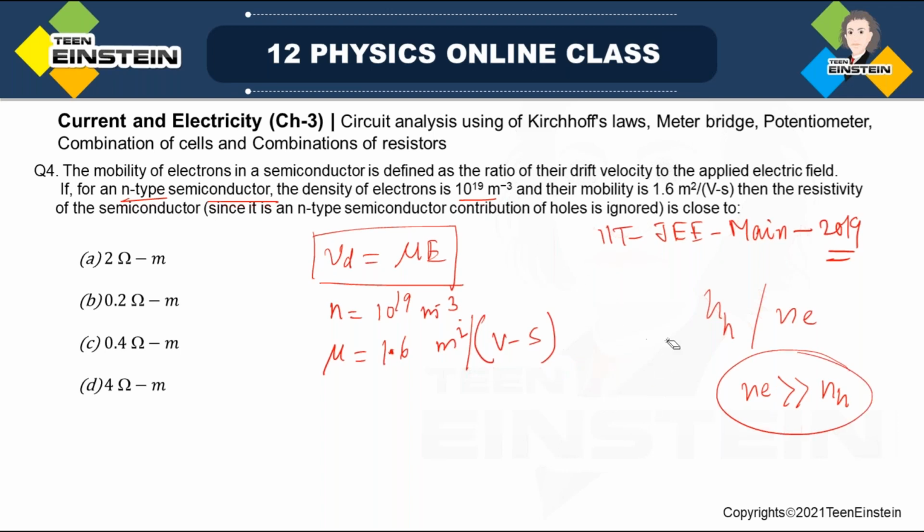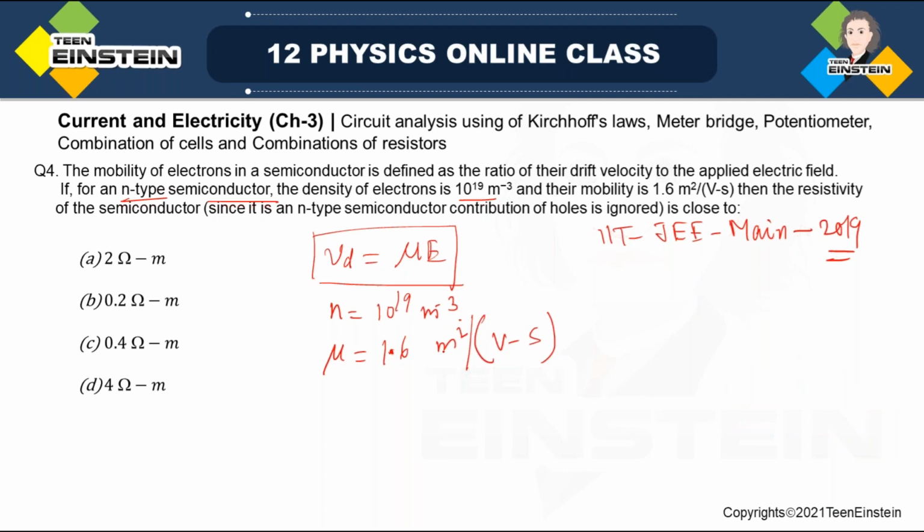That's why the contribution towards the current or electricity will be predominantly from the electron density, not the hole density. Okay, that is what is given.